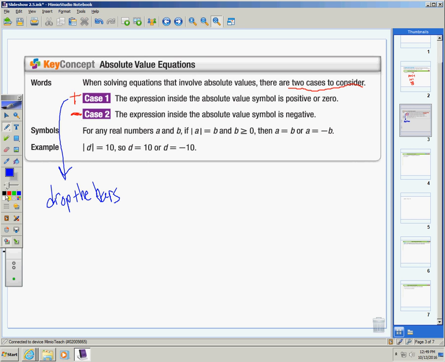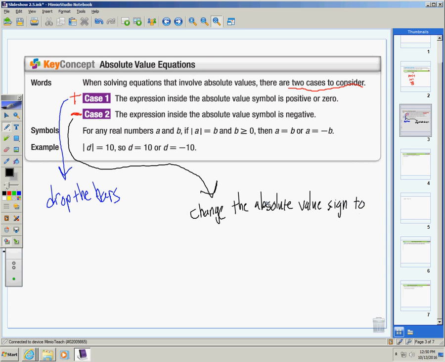For case two, when it's negative, you're going to change the absolute value sign to parentheses and put a negative sign in front of them.